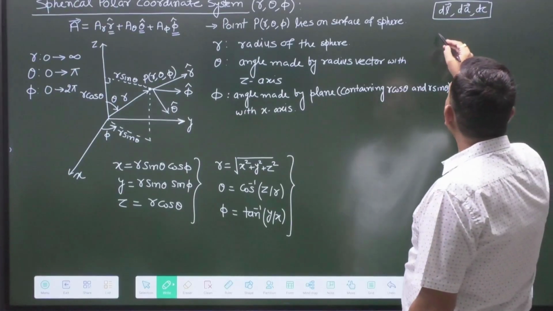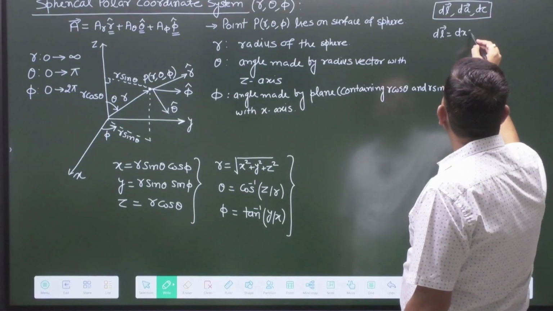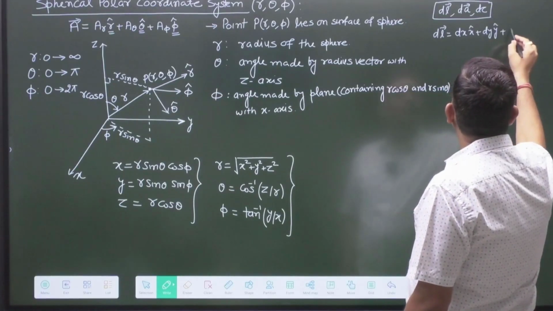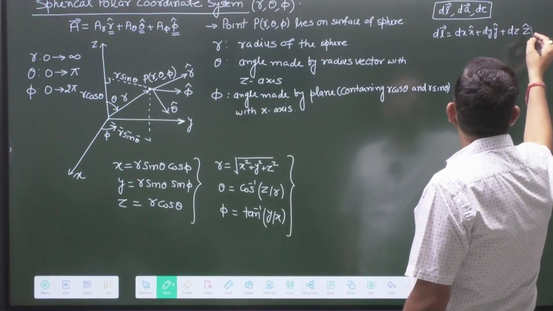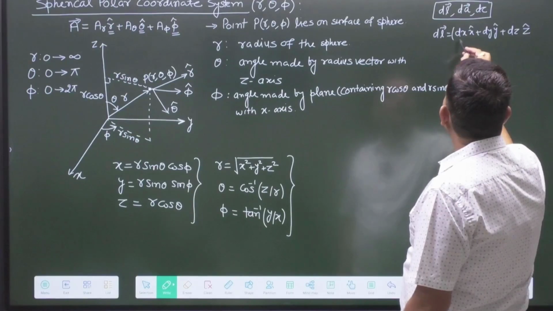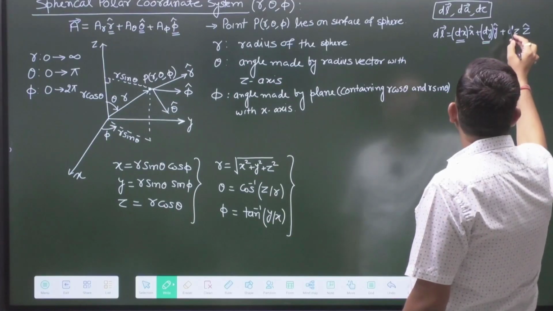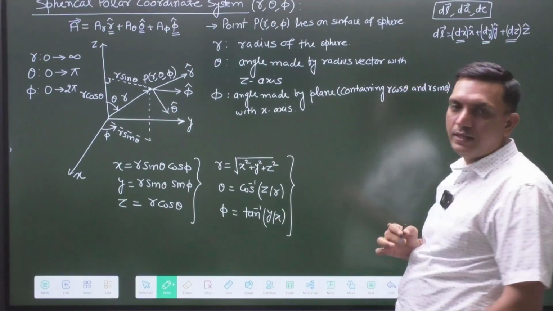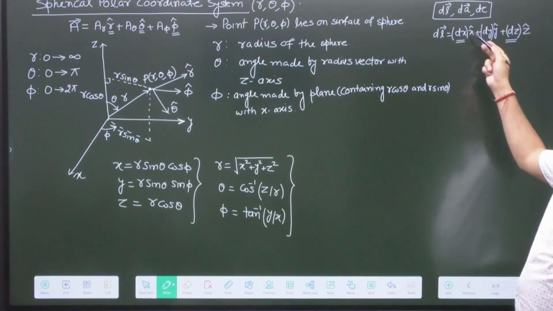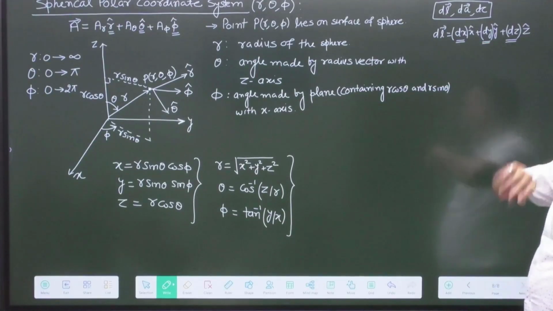In Cartesian coordinates, we have seen that dl is given by dx x cap plus dy y cap plus dz z cap, and if x, y, z change by dx, dy, dz, then the change along x cap is dx, the change along y cap is dy, and the change along z cap is dz. If you draw an elemental cube, what will be the change along x cap? That is dx. The change along y cap is dy. The change along z cap is dz.